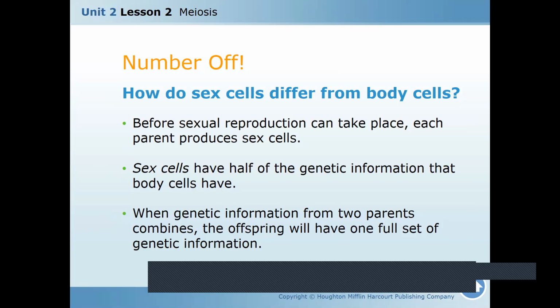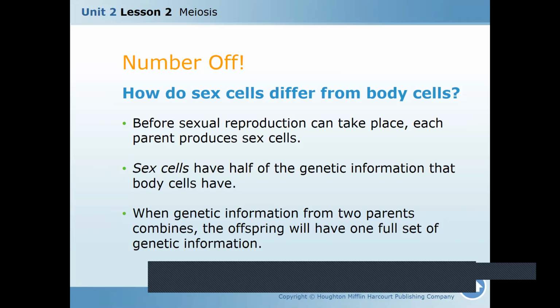Before sexual reproduction can take place, each parent produces sex cells. Sex cells have half of the genetic information that body cells have. When genetic information from two parents combines, the offspring will have one full set of genetic information. So do you understand? Half from each parent. From the male sperm cell, from the female egg cell.